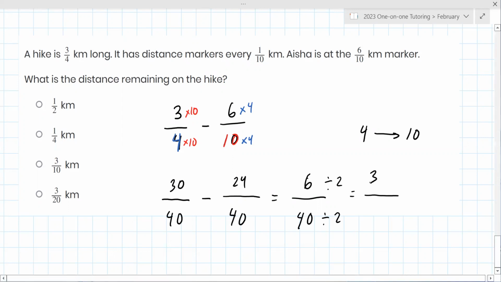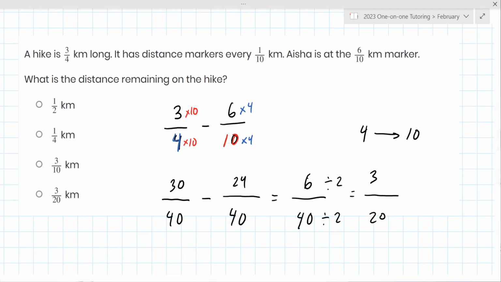Okay. And 40 divided by 2? You get 20? It is 20.